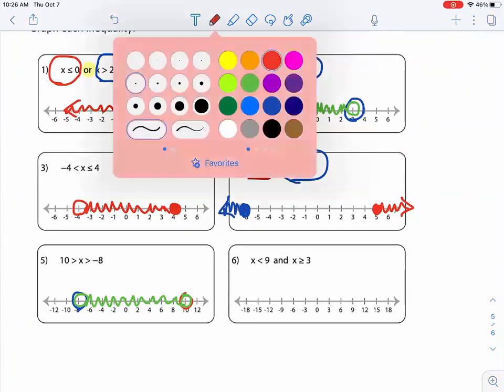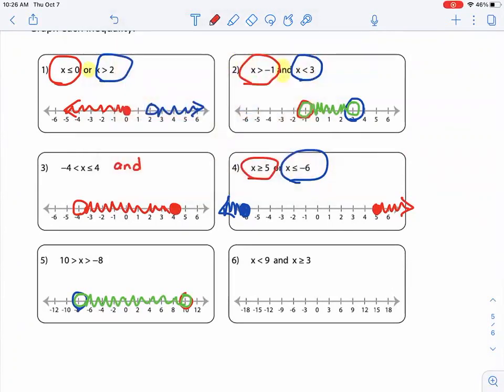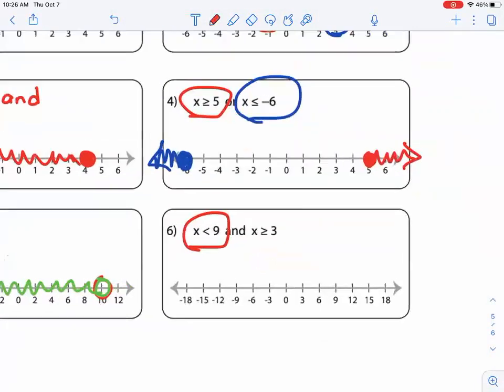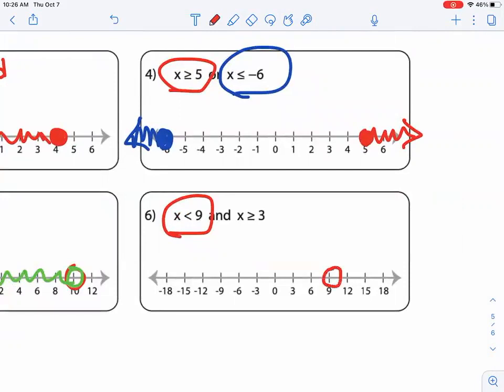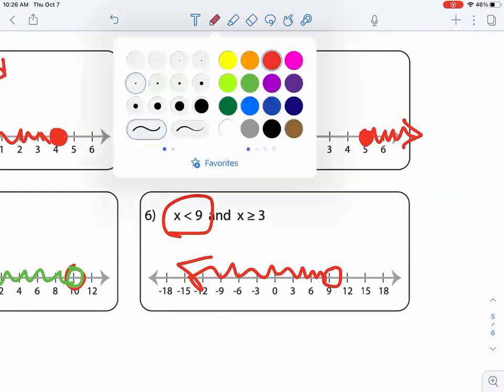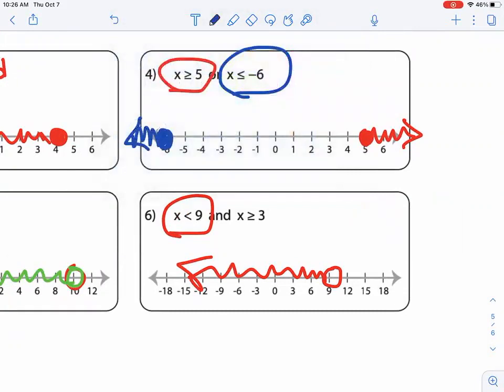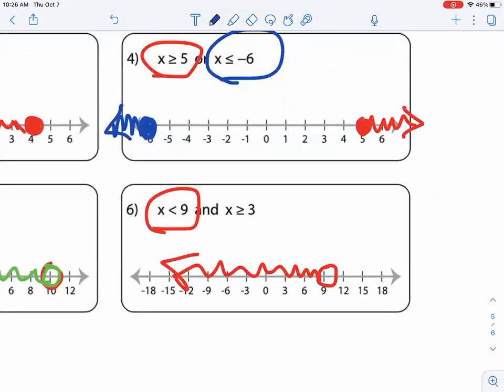All right, last one. It's an AND statement. So I'll do x is less than 9. So open circle at 9. And we want less than, so shade it to the left. And x is greater than or equal to 3. So I need a closed circle at 3 and shaded to the right.